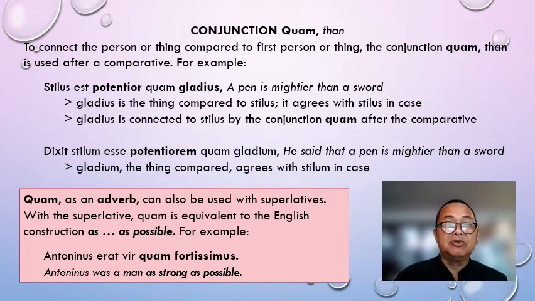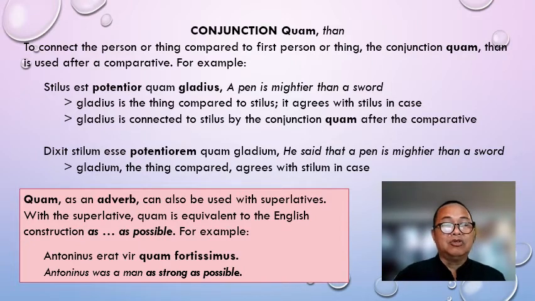We no longer use potentior. Why? Because potentiorem must agree with stilum in number, gender, and case. Stilum is now in the accusative, so you use the accusative form of the comparative adjective potentior, which is potentiorem.